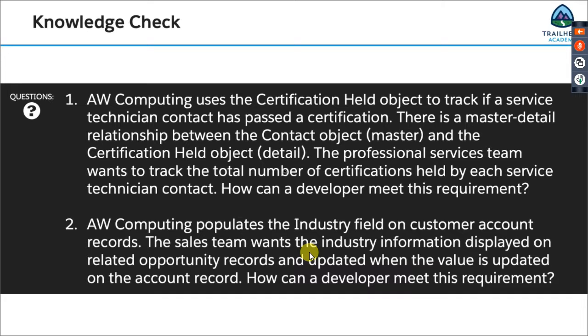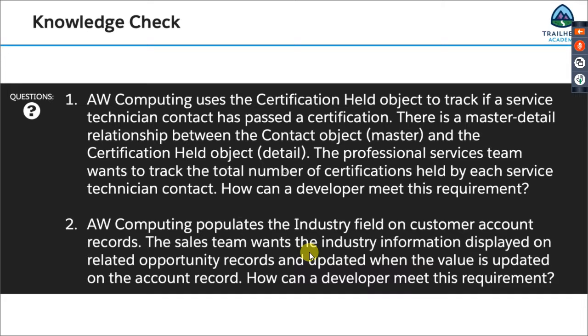Continue. The professional services team wants to track the total number of certifications held by each service technician contact. The professional services team, a person, a guy, lady, a dude or a dudette, wants to have the total number of certifications in the contact.